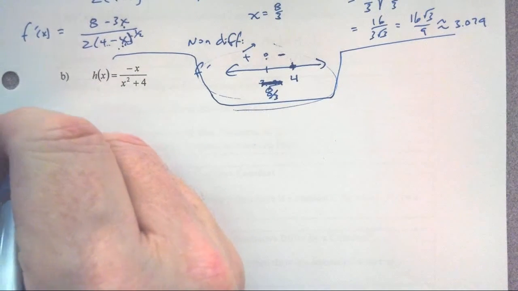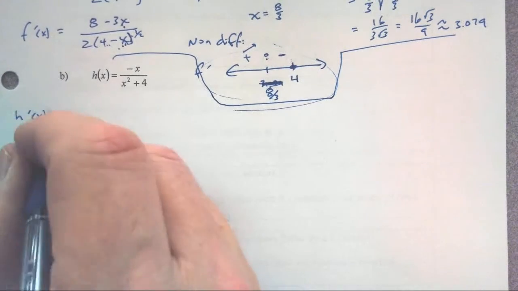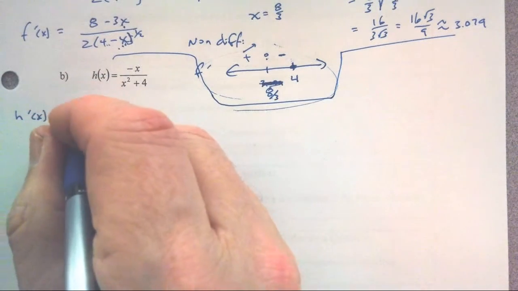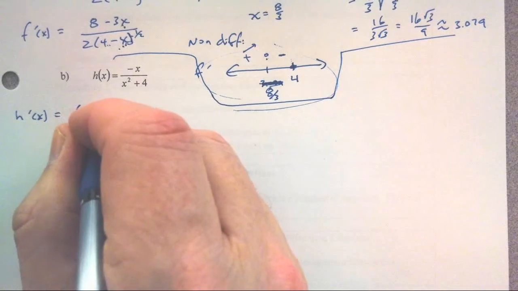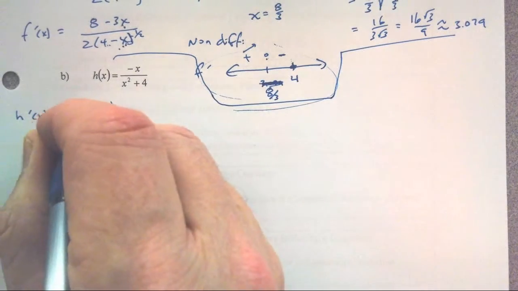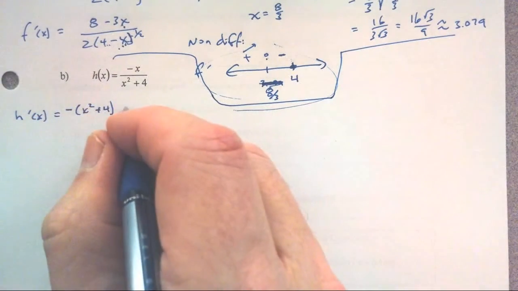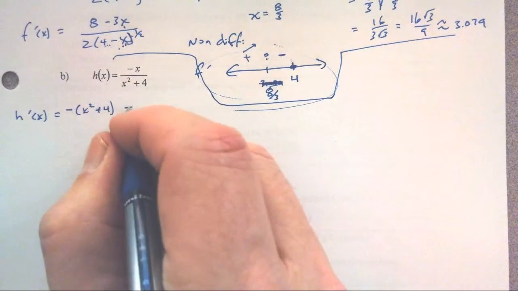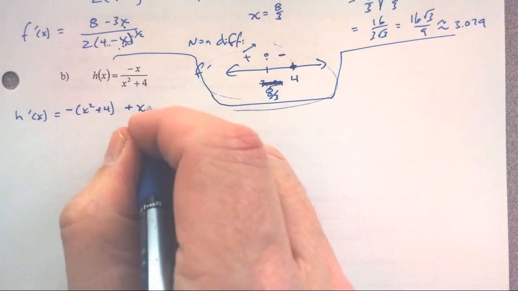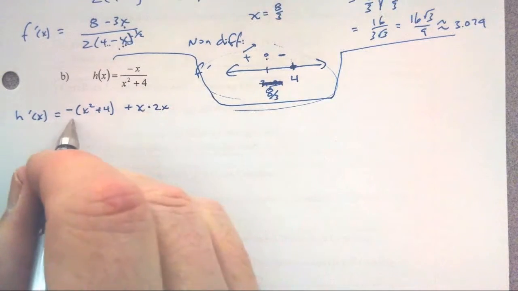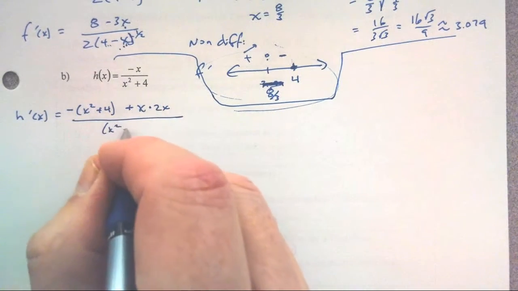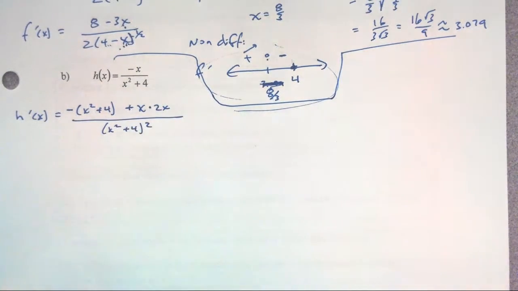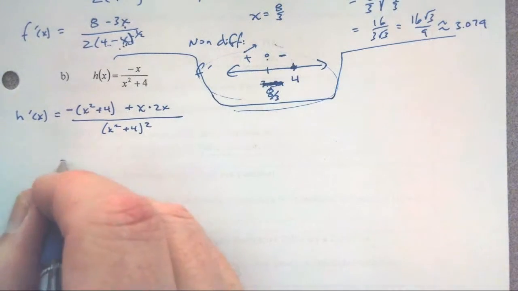Let's see. H prime of x is low d high, negative 1, minus high, negative x, so plus x, d low, 2x, all on the square of the thing below. Well, maybe. Let's see what we get.